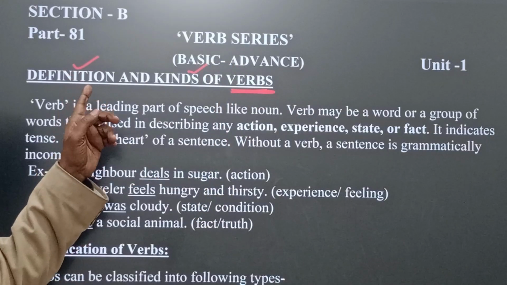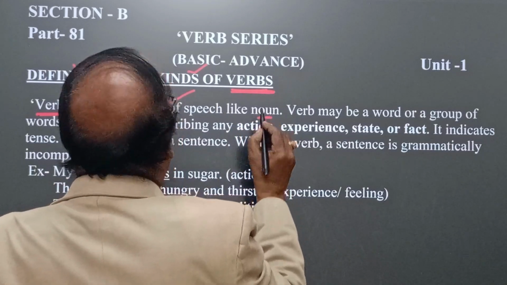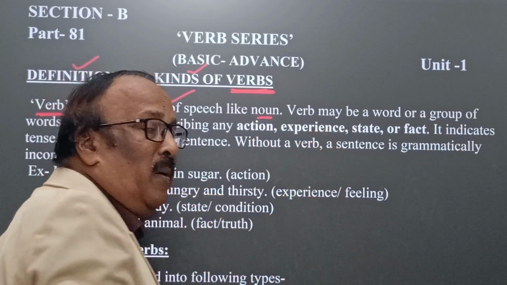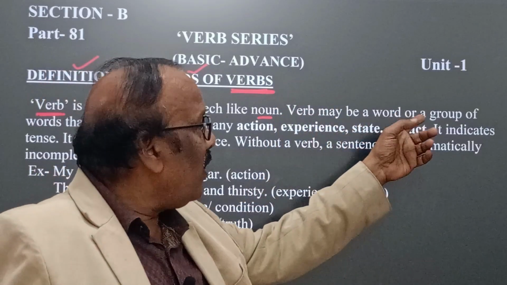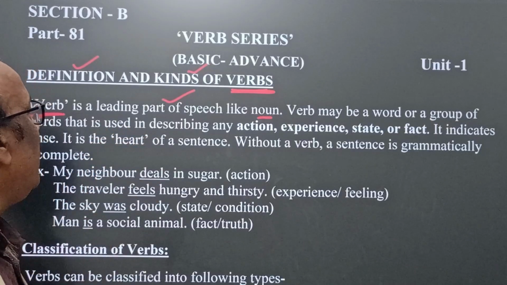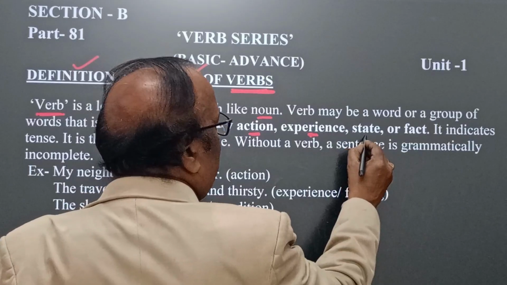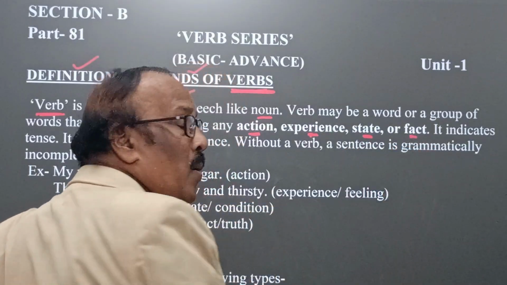Definition and kinds of verbs. This is the topic. Verb is a leading part of speech like a noun. A verb may be a word or a group of words that is used in describing any action or experience, state or fact.